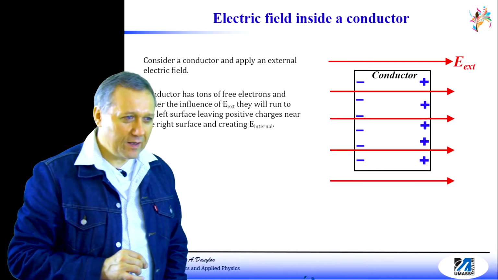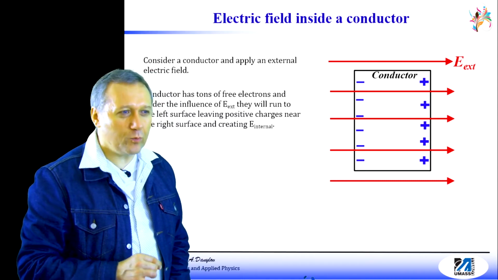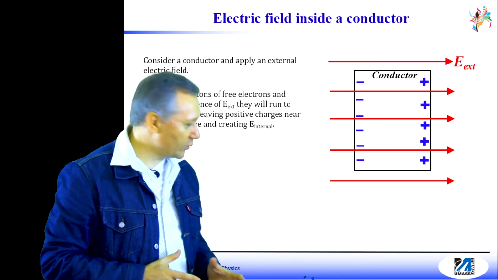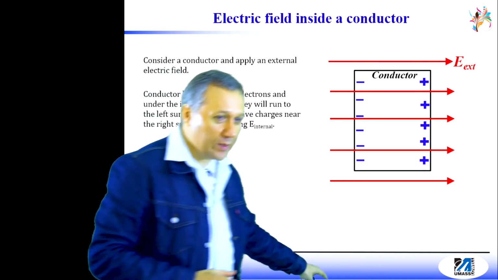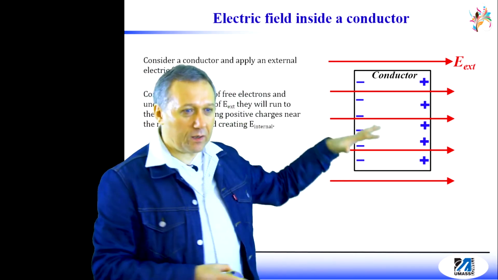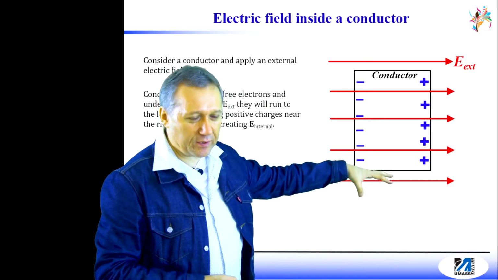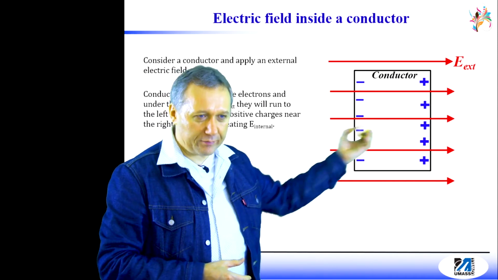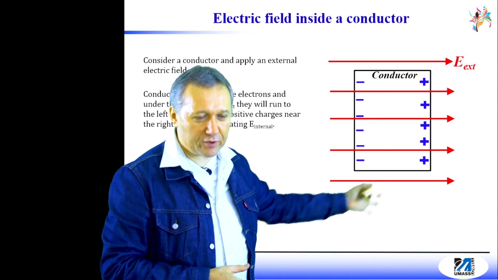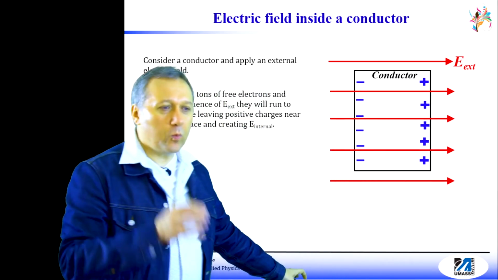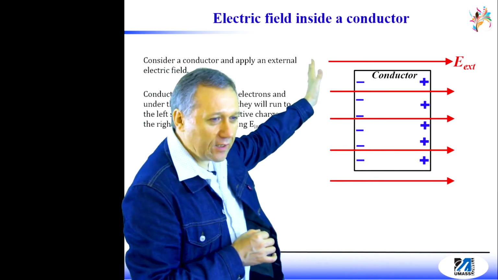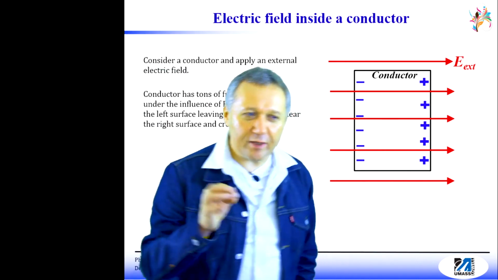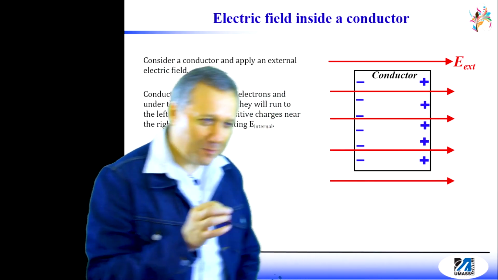Let's try to see what happens to this conductor once you first expose it to this external electric field. You put the conductor and position it inside of this external electric field. Electrons start drifting, giving us these negative charges and positive charges. What are these negative charges and positive charges going to create?